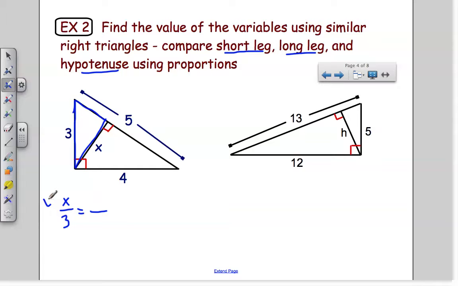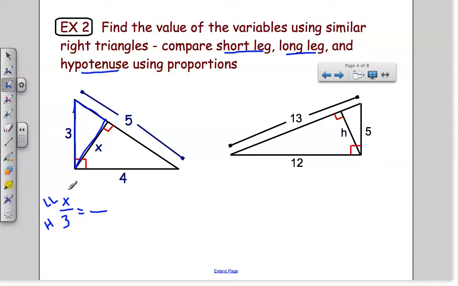So I'm going to put LL for long leg by the x. What is 3 for this triangle? 3 is the length of the hypotenuse for that triangle, so I'm going to put an h here. I think it's critical to put these letters because it helps you out a ton. Because now you're going to have to pick a new triangle here, and you're going to have to pick the long leg and the hypotenuse of that triangle and put the correct numbers here. But now I know what to put there.